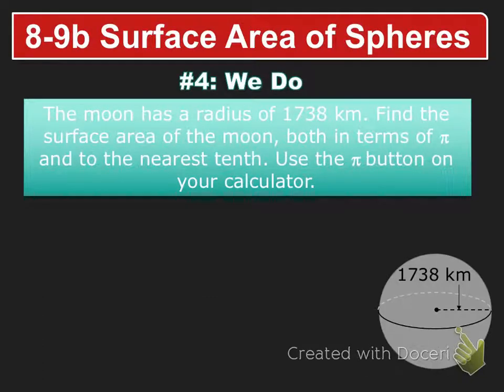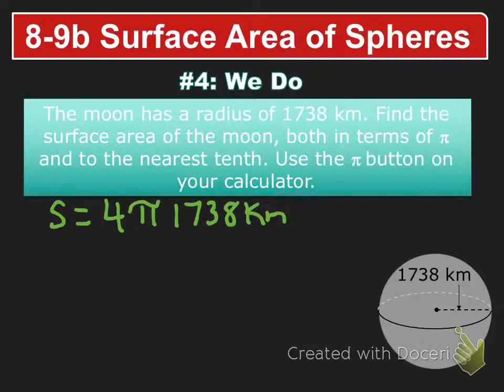Number 4. This is just kind of like the volume one. The moon has a radius of 1,738 kilometers. Find the surface area of the moon, both in terms of pi and to the nearest tenth. So if we write our surface area, again we have 4 pi, and that's going to be 1,738 kilometers.